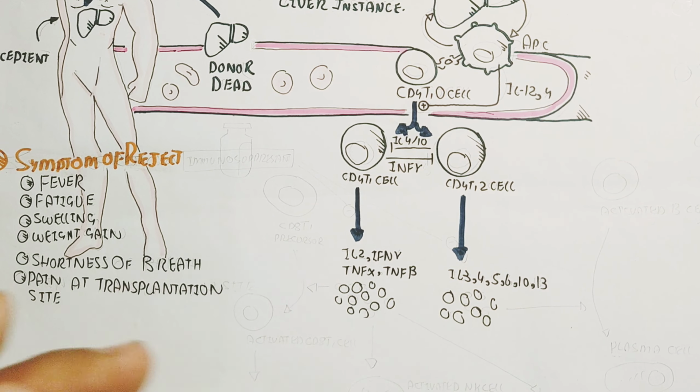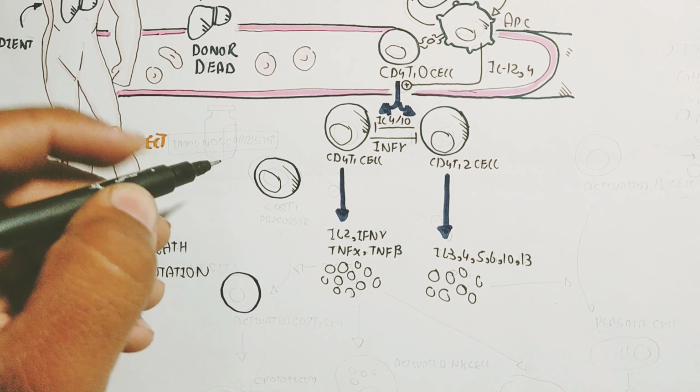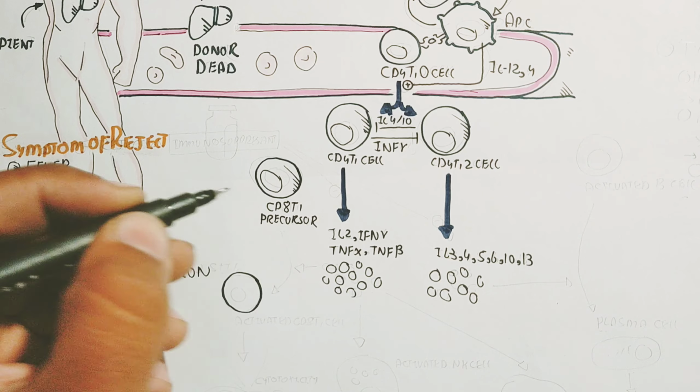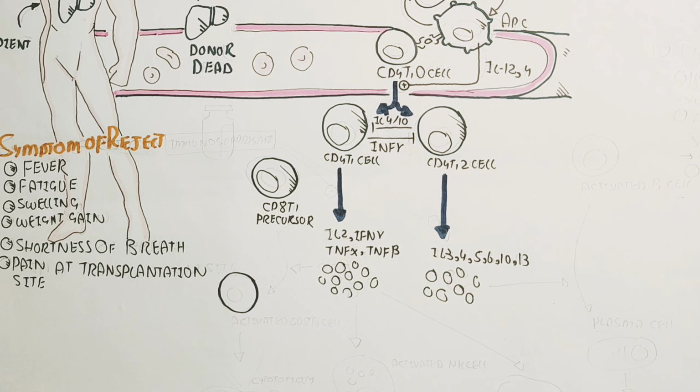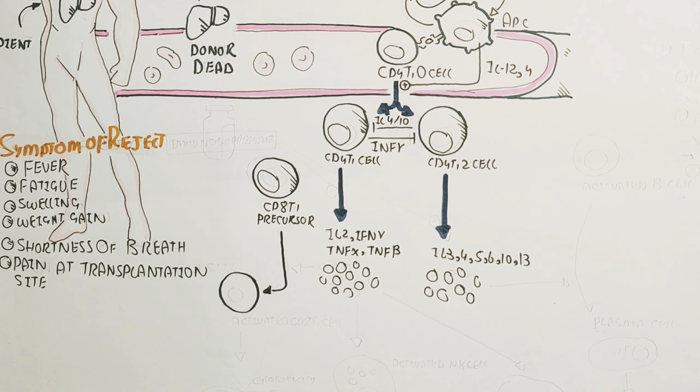Interleukin 2, interferon-gamma, and tumor necrosis factor alpha and beta will be released from the CD4 Th1 cell, while the CD4 Th2 cell produces interleukin 3, 4, 5, 6, 10, and 13.